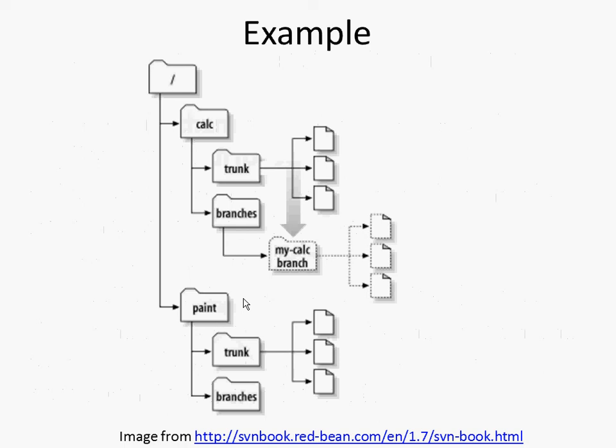Here, what we're going to be doing is creating a branch from the trunk, which is going to be a temporary branch while I work on some new feature, okay? But there's going to be other people working on the trunk while I'm working on this feature. So maybe I'm adding in a feature to handle complex numbers or something like that, and I'm creating this calc branch for that because it's a deeper change.